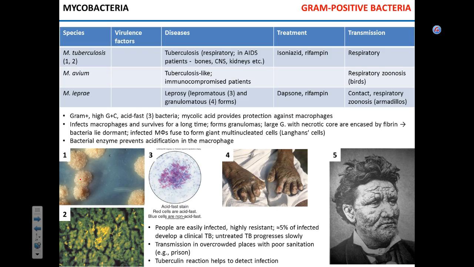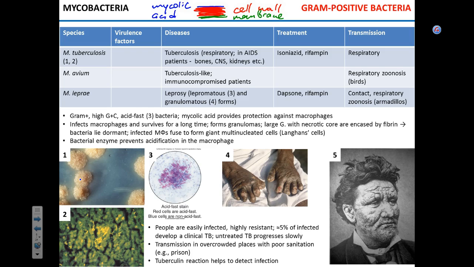Because Mycobacteria have a layer of the membrane, then they have the cell wall, which is pretty thick, and then they have mycolic acid. So with the exception of mycolic acid, what's left is gram-positive cell wall. Okay?